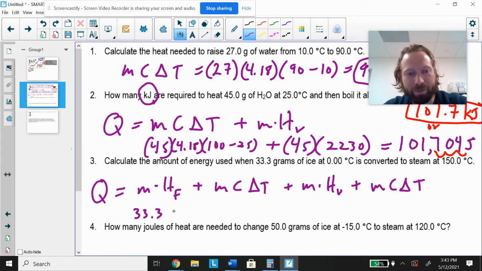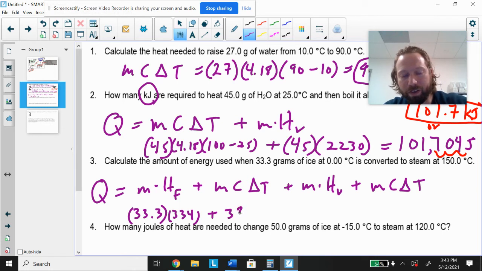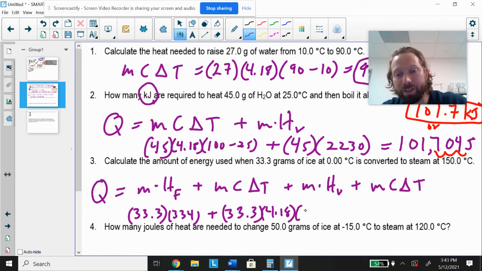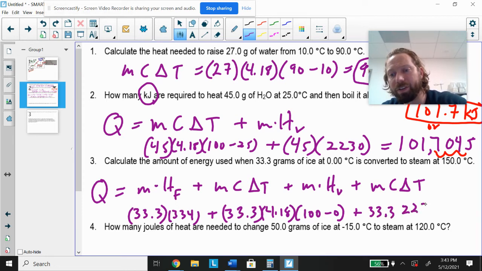So 33.3 times 334, plus 33.3 times 4.18, which is the specific heat of liquid water, times 100 minus 0, plus 33.3 times 2,230.